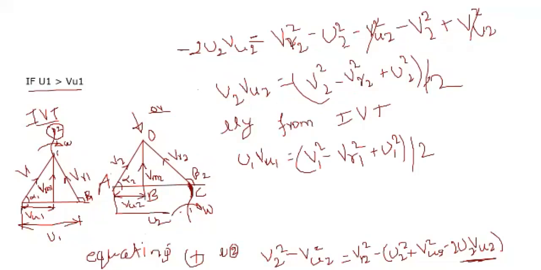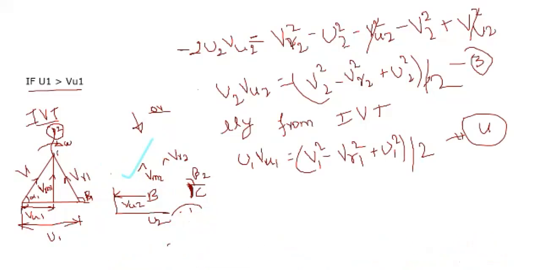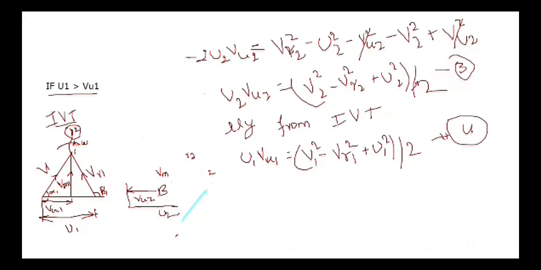Similarly, you can write like this. Now from Euler's energy equation, I will call this equation 3 and this equation 4. Now these two velocity triangles are not necessary for me, so I am clearing them.